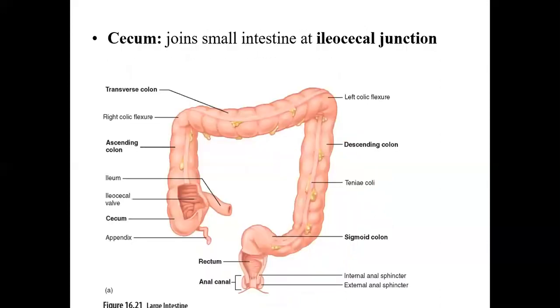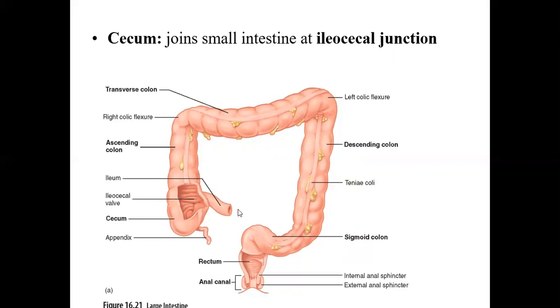Just a few sections here to mention some of the anatomical terms, the anatomy of the large intestines. The cecum is the first section. If you look at the diagram, figure 16.21, this is from a different textbook, so it is not the same as in your textbook. The first section is also where you're going to find the appendix coming out.